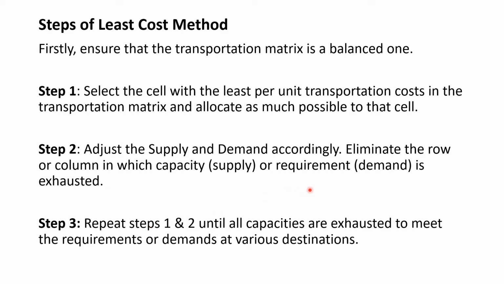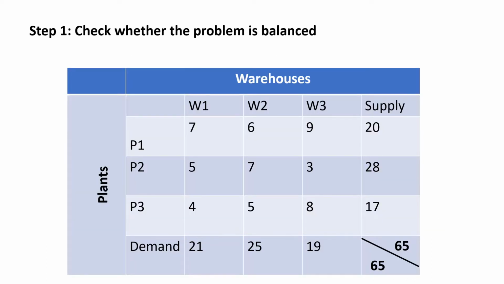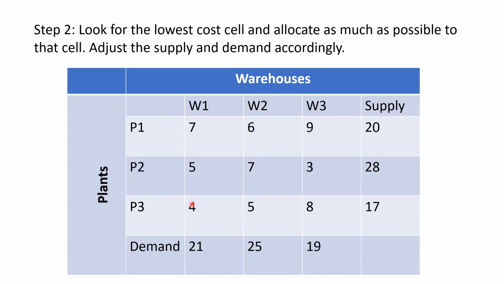So we will take the same problem and we will see if we apply least cost method, what answer we get, right? So again we have taken the same matrix. We find that yes, the matrix is balanced, and then let's proceed. So here, since we are going by least cost technique, which is the least cost in the given matrix?